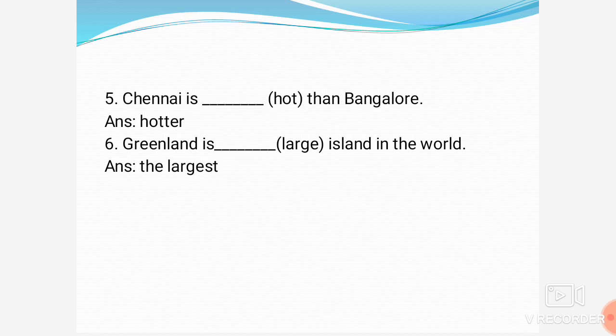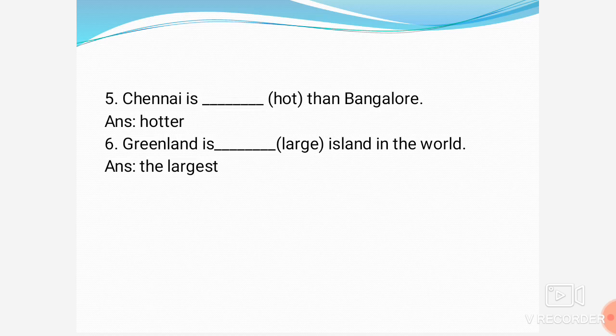The last example, Greenland is dash island in the world. Large is the adjective. Here, rule number 1 is applicable. We are talking about a particular island in the world, that is Greenland.